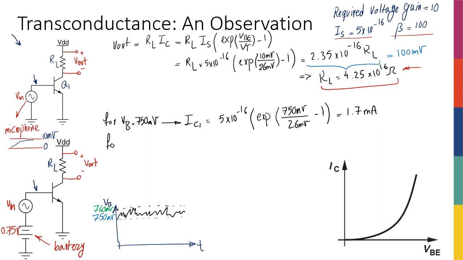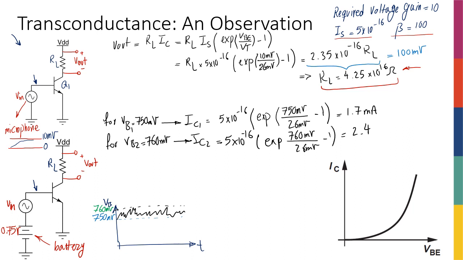Now for VB2 equal to 760 millivolts, I'm going to have IC2. Let's just write the equation, it's not going to take a long time: exponential of 760 millivolts over 26 millivolts minus 1. If you do the math, you're going to get 2.48 milliamps.